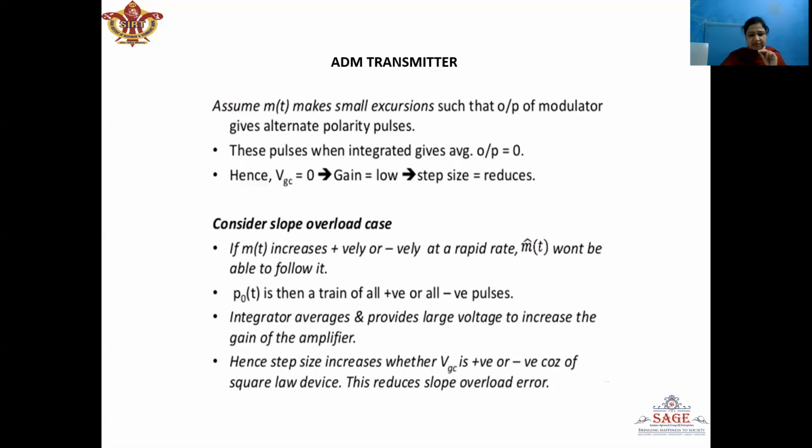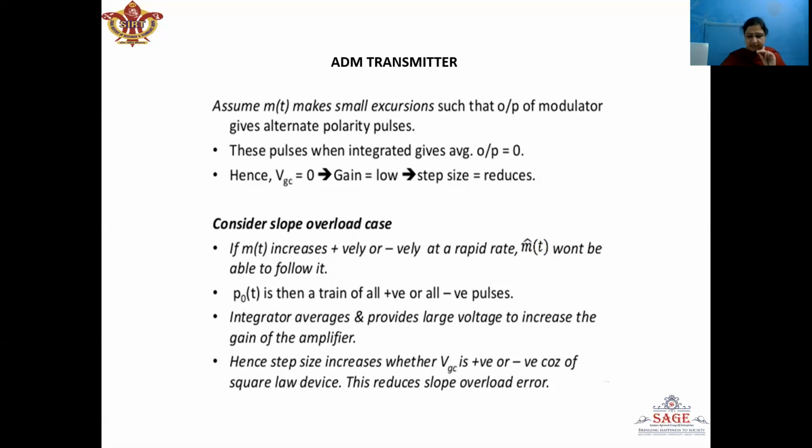Now consider the case of slope overload. If x(t) increases rapidly, the output Po(t) is a train of all positive or all negative pulses. The integrator averages and provides a larger voltage to increase the gain of the amplifier.